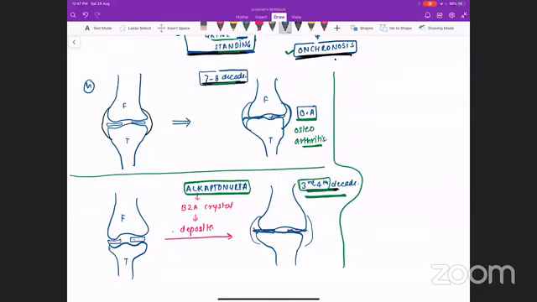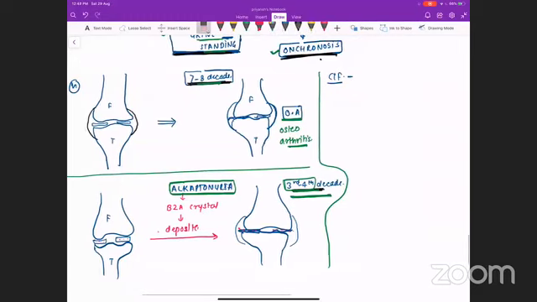So the clinical features are, there will be normal life till the 3rd, 4th decade.